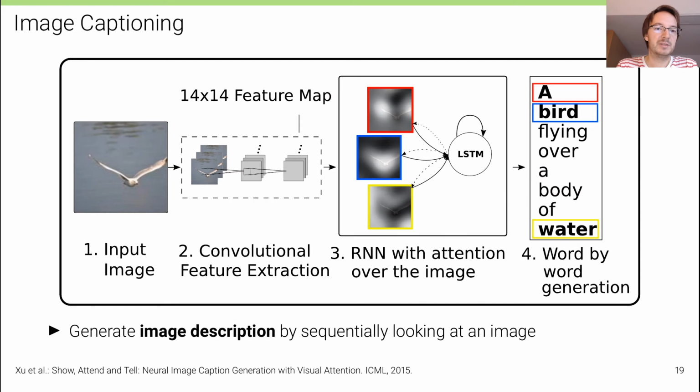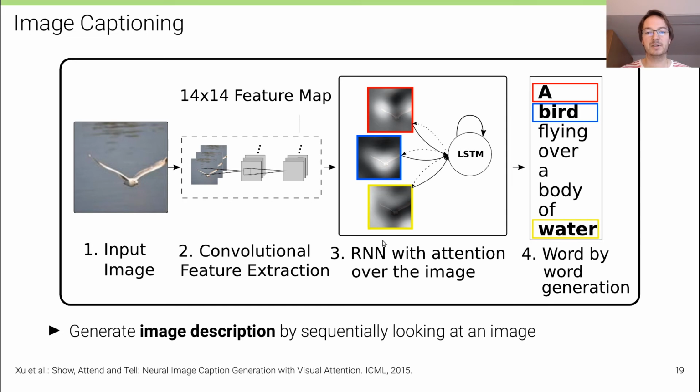This is another example. This is image captioning, which we have already talked about briefly before, where the goal is for a particular input image to generate a description, a natural language description, or a sentence for that image. And so for this particular model by Xu et al. called Show, Attend, and Tell from ICML 2015, what the authors do is they take this image and produce a small resolution 14 by 14 pixel feature map that represents that image.